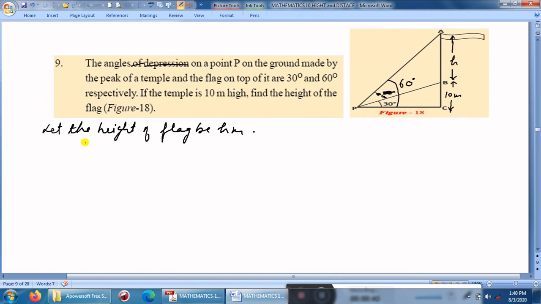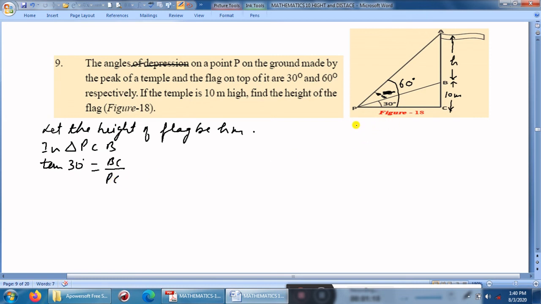Let the height of flag be H meter. Now come to the triangle ACB and triangle BCP. So first of all, in triangle PCB, this one, it is tan 30. So tan 30 is equal to BC upon PC.